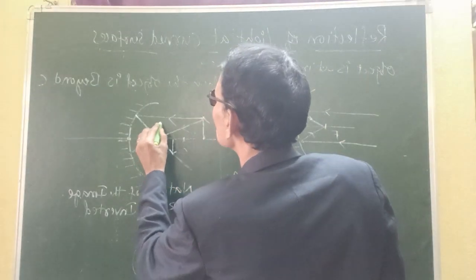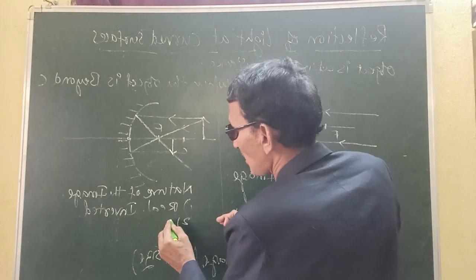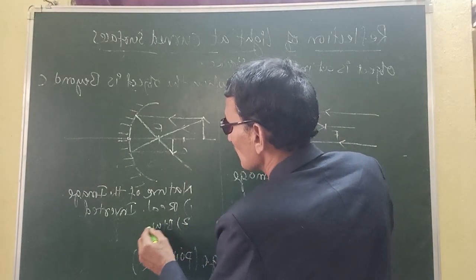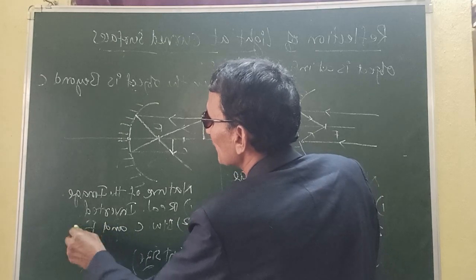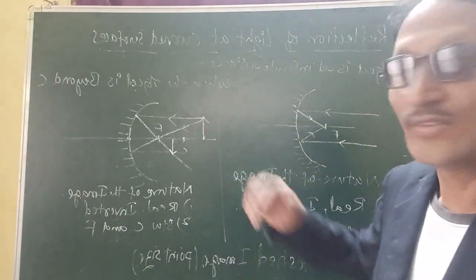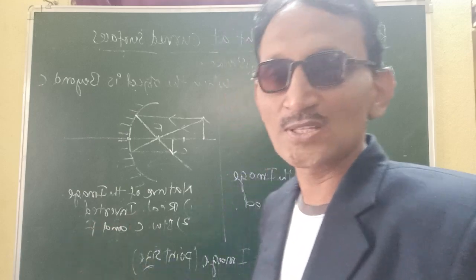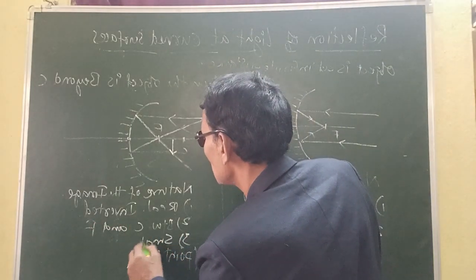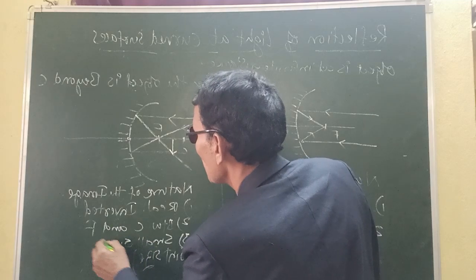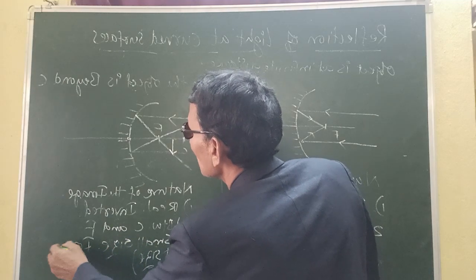So this is the focus. This is the center of curvature. It is formed between C and F. And how is it? Small size. It is a diminished image. When it is compared with the object, it is a small size.